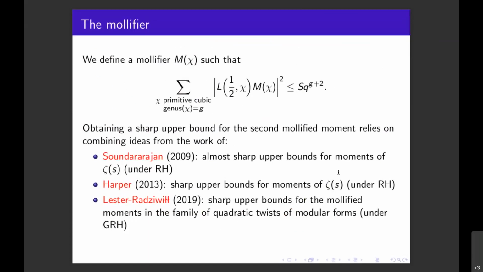And recently, Lester and Radziwill obtained sharp upper bounds for the mollified moments in the family of quadratic twists of modular forms, again conditional on the generalized Riemann hypothesis. So the way we prove our sharp upper bound relies a lot on ideas from these papers.